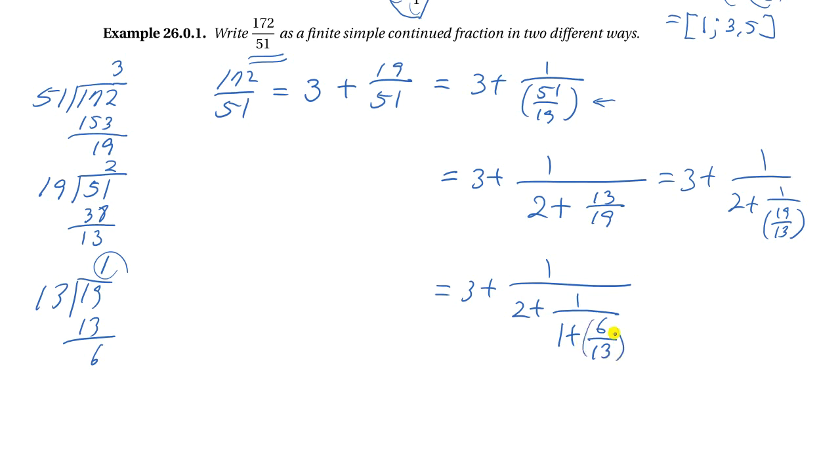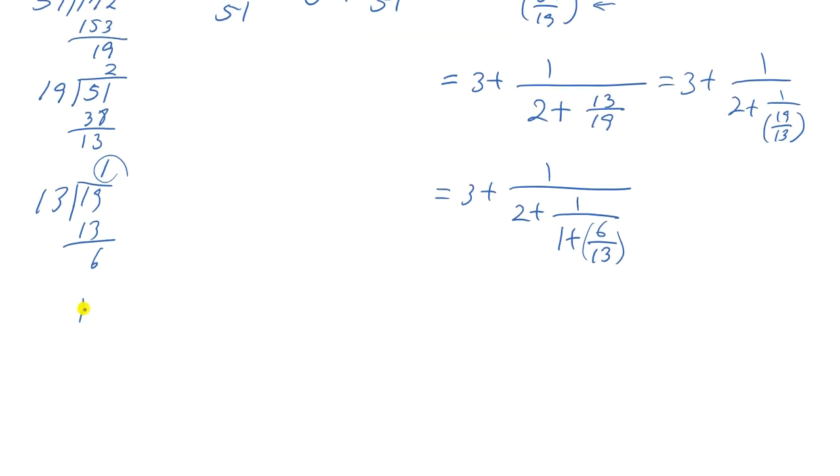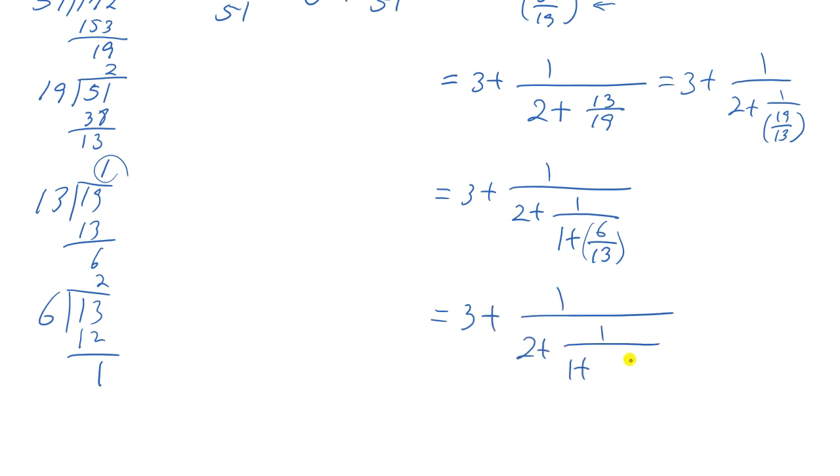And you know what we are supposed to do, right? It's 13 divided by 6, right? So 2, 12, remainder is 1. Okay, I think that's the last step here. Then it's 2 plus 1 over 1 plus, and remember, I didn't write down this format, right? But it's 1 over 13 over 6, right? So 1 over, and 13 over 6 has quotient 2 and remainder 1 over 6, right?